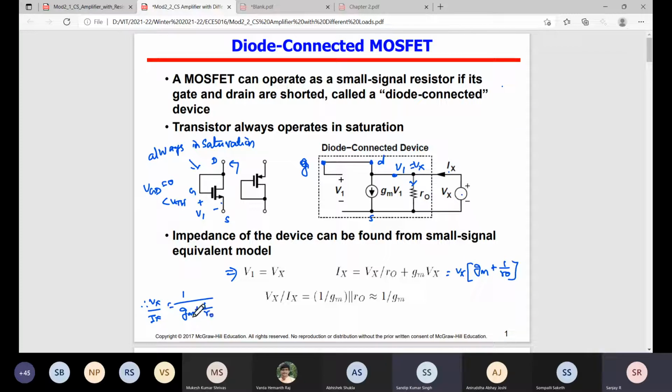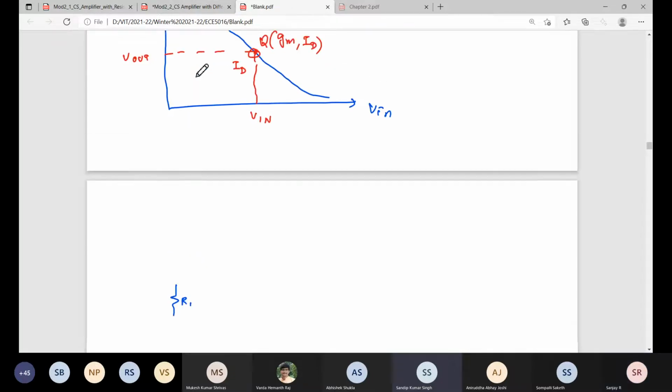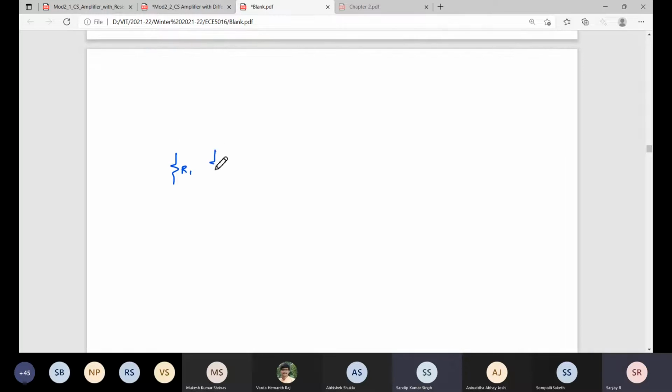This is a famous equation. How can you write two resistances in parallel? R1 and R2: R1 inverse plus R2 inverse, all inverted. Am I right?